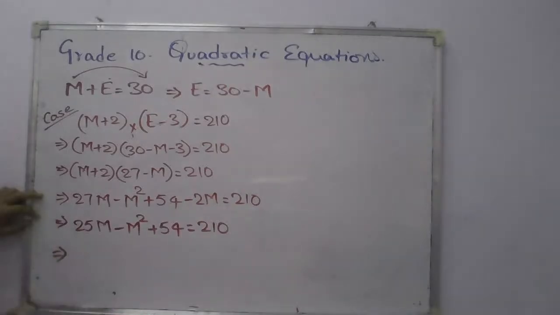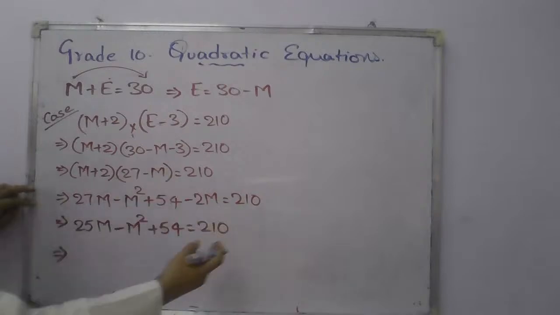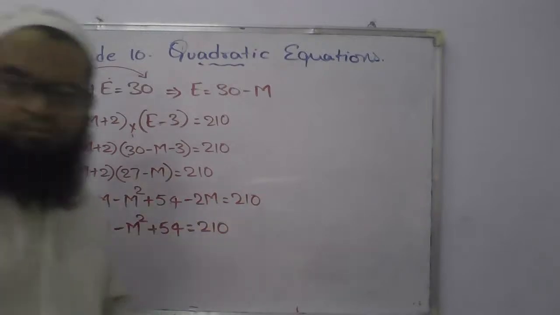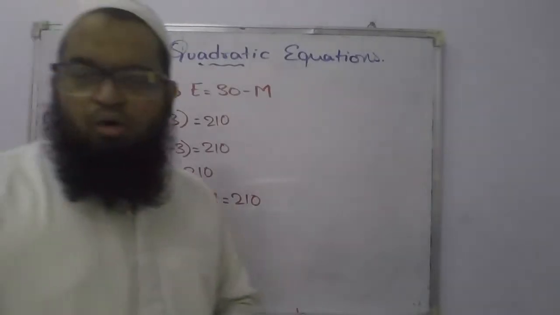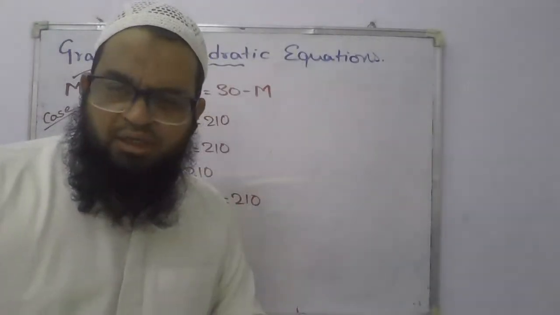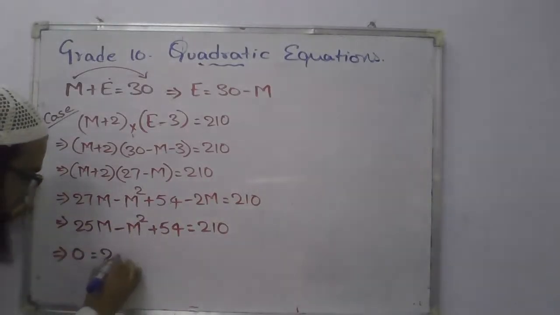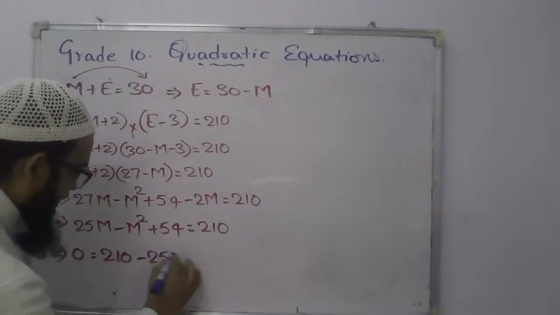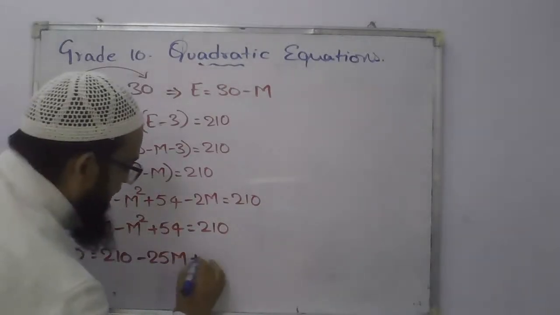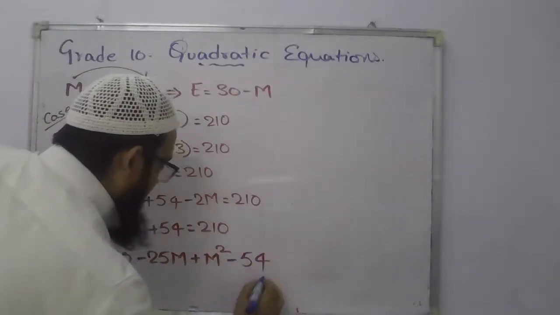So that implies, yes, now we are right, I think so. Minus M square. Since we have negative for M square, you transpose it. Which part did you not understand, my dear student? So when I transpose, 0 is equal to 210, 25M transposed becomes minus 25M, minus M square becomes plus M square, and plus 54 when transposed will be minus.